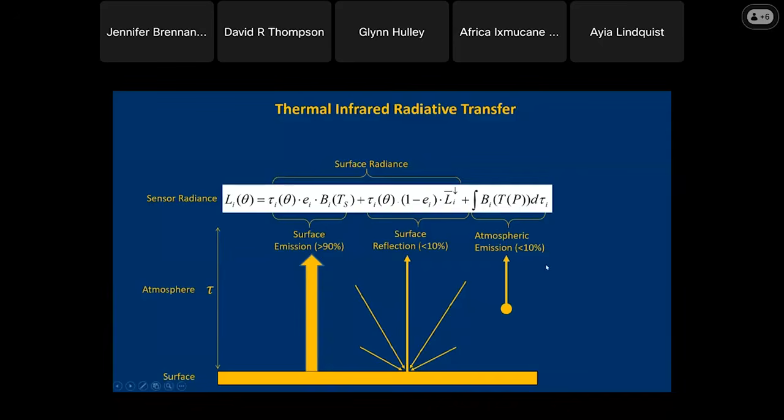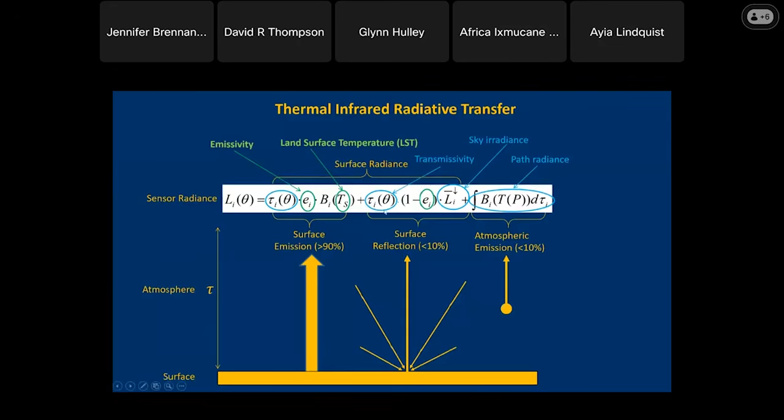And then lastly, we have the atmospheric emission term, which is the radiation that's directly emitted upwards into the path of the sensor. These are generally pretty small and depend a lot on the atmospheric humidity for the observation. They're generally less than about 10% of the total thermal signal. So then to extract the emissivity and the temperature from this equation, we first need to remove these atmospheric variables.